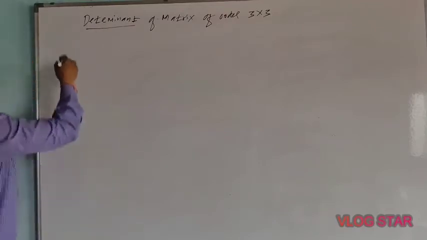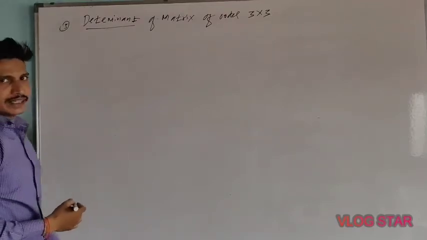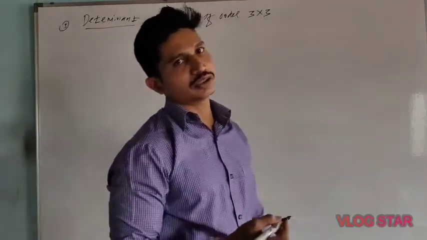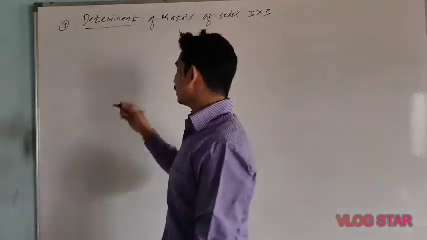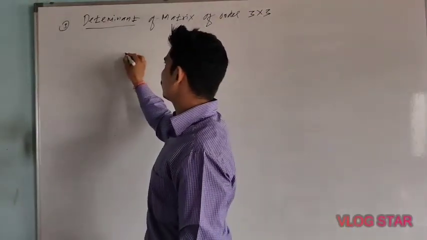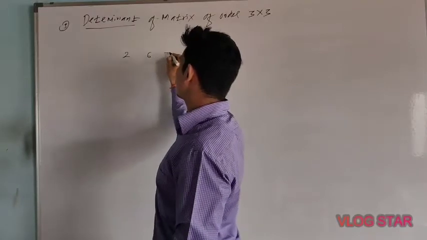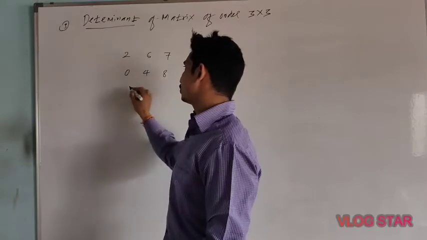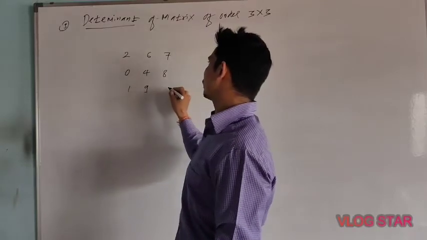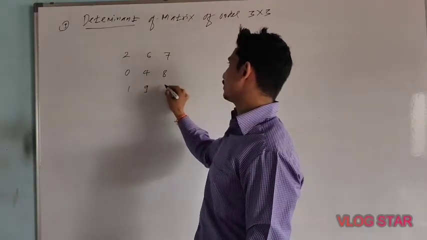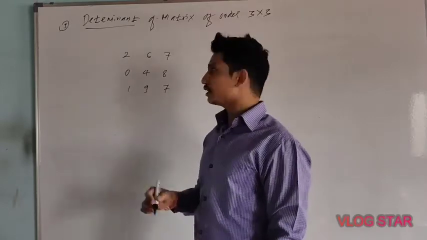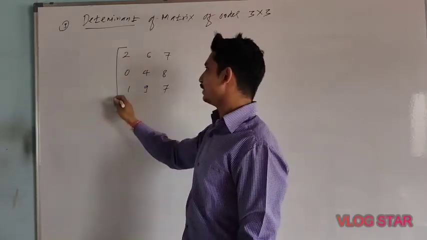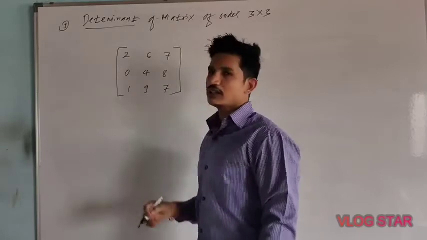Okay, so third one is, now take any matrix of order 3 cross 3, any matrix. Okay, so I'll take one matrix here, 2, 6, 7, 0, 4, 8, 1, 9, 7, whatever.